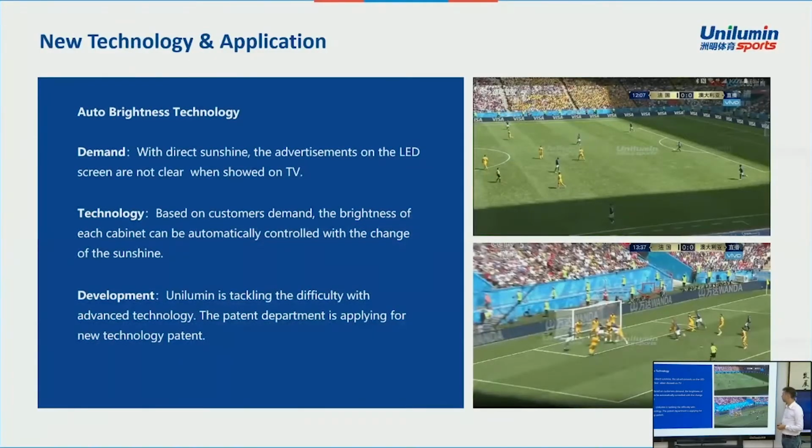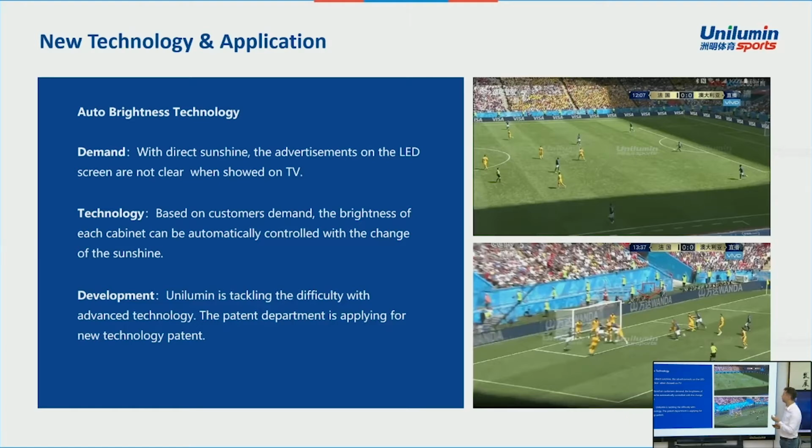Another new technology which we would like to present now is automatic brightness adjustment. You may say that you have seen it in many companies, but we have a very big difference here because everyone can adjust brightness automatically on the entire screen, on all the cabinets together, but we can adjust brightness automatically on every single cabinet.